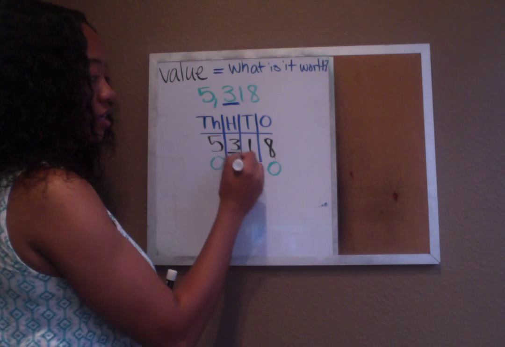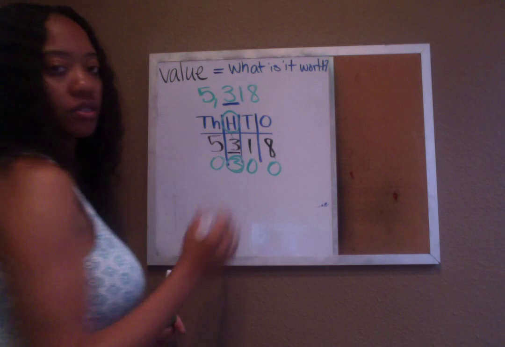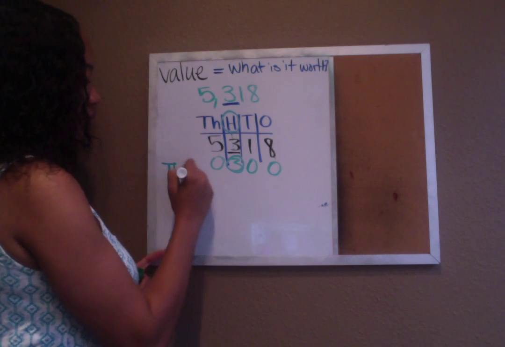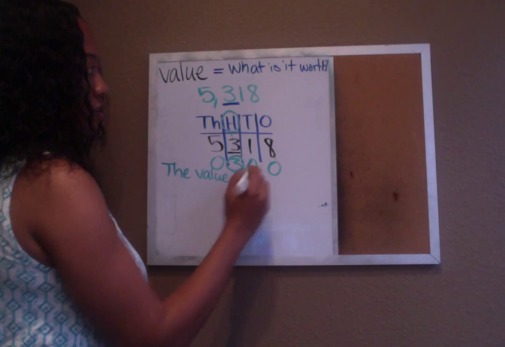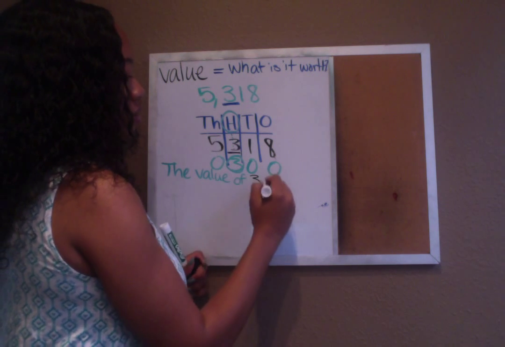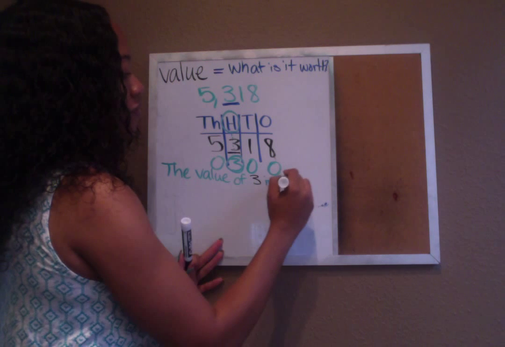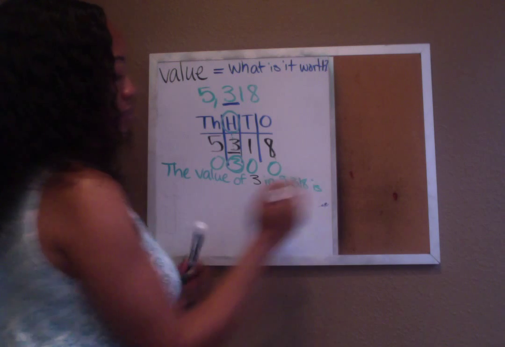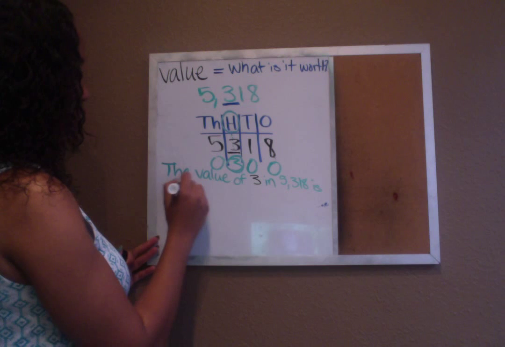Another thing you can do is you can look up. If my 3 is here, I'm going to look up, and it's in the hundreds place. So the value of 3 in 5,318 is, and what is the value? 300.